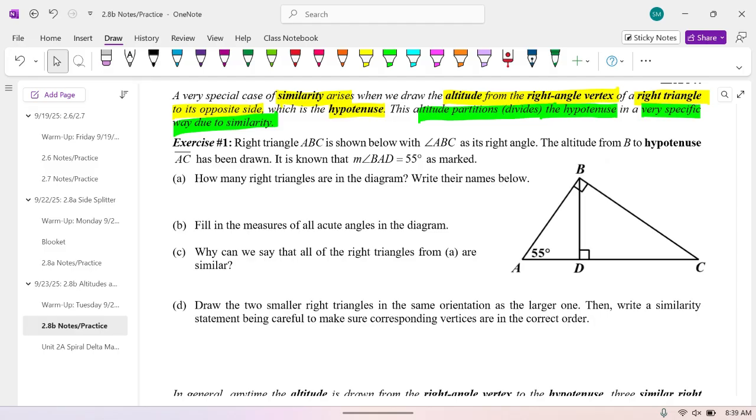So if I put this back on top of the altitude itself, so if I put them back, it would look like this.